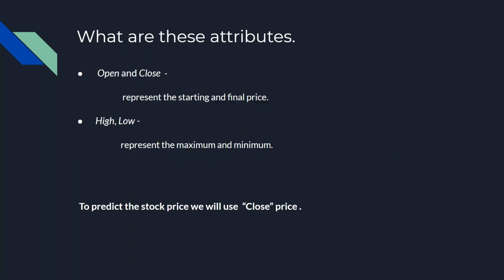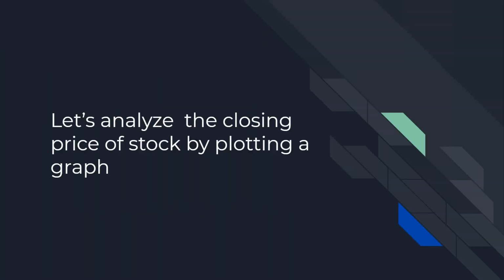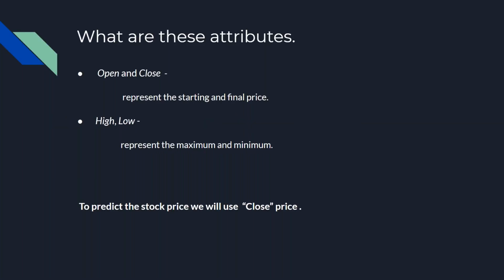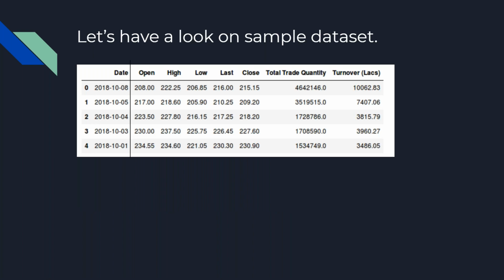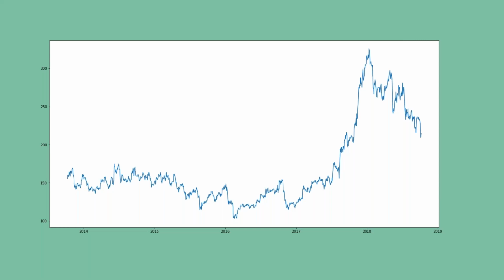We will be primarily using the close price for predicting the stock prices because those are the best attributes for predicting the stock prices. Now that we have gathered these attributes and we know that the close price attribute is the primary attribute to predict the stock prices, let's plot a graph of the close price of stocks versus date.